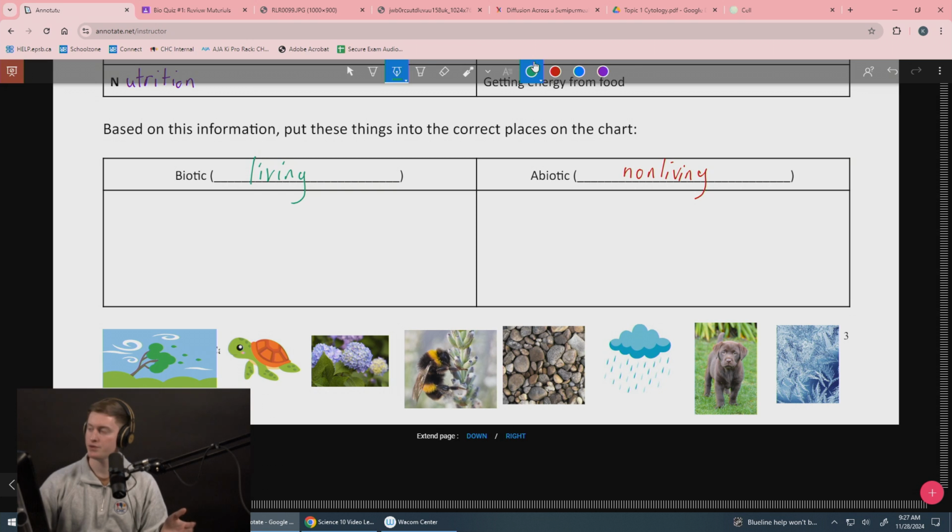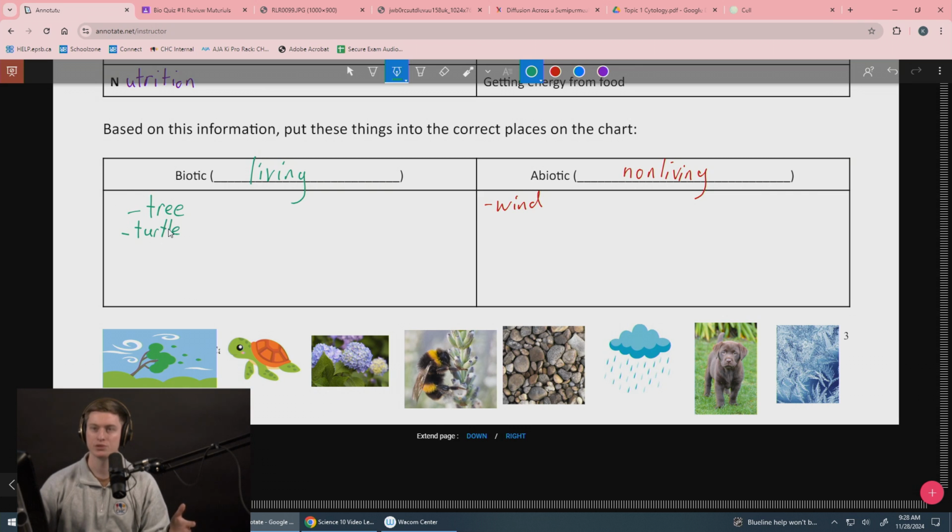All right, so for this first picture here, we have a tree. A tree fits all the characteristics of a living thing. It's a plant. But also in this first picture, we have wind or air moving around. Wind is a non-living thing. A turtle is a living thing.